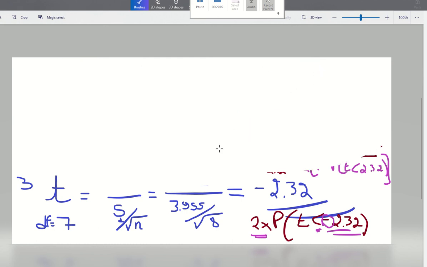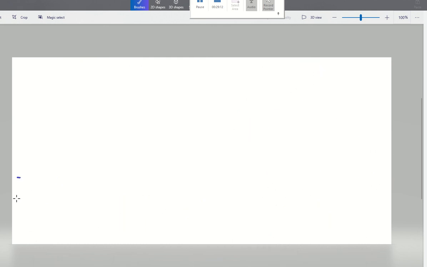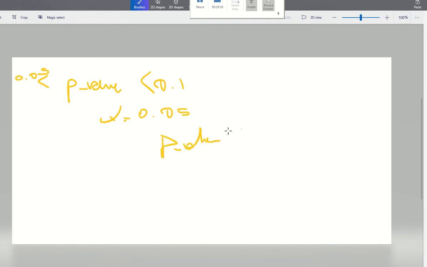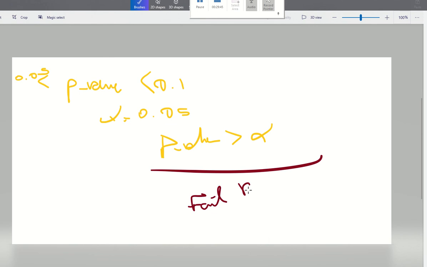So we've calculated a t, and out of the t we're able to get a p-value, and based on what we've done so far, we figured out that the p-value of this specific question is between 0.1 and 0.05. Now remember, our alpha was 0.05, therefore our p-value is definitely greater than alpha. And what happens when our p-value is greater than alpha? We fail to reject the null hypothesis.